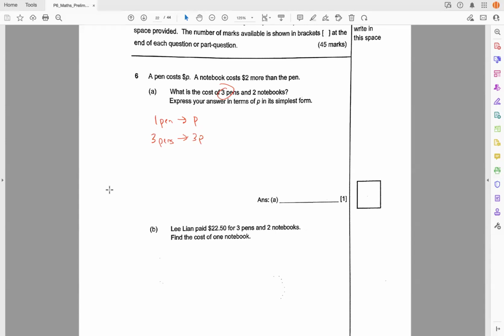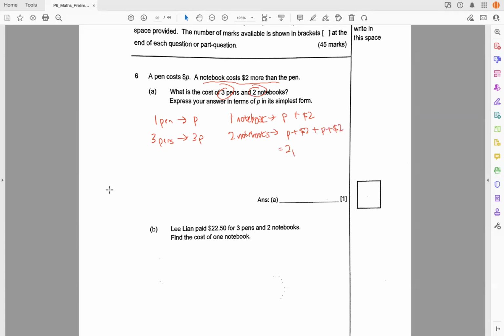Now, what about notebook? A notebook costs $2 more than a pen. So 1 notebook will be P plus $2. They want the cost of 2 notebooks, which will be P plus $2 plus another P plus $2.